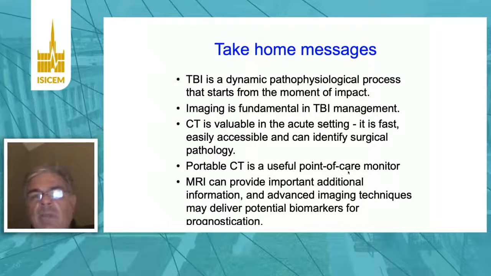It's quick, it's easy to do, it identifies surgical pathology rapidly, and that's the key first step in deciding how to manage those patients. As I said earlier, I think having a portable CT scan is an excellent adjunct to any intensive care unit. MRI is used for later studies to deliver potential biomarkers for prognostication, particularly in patients who might have underlying diffuse axonal injury.